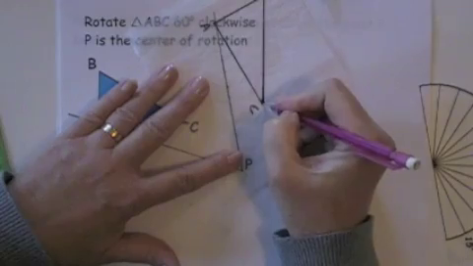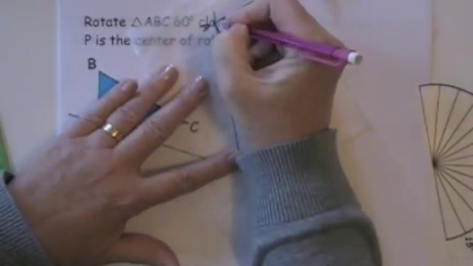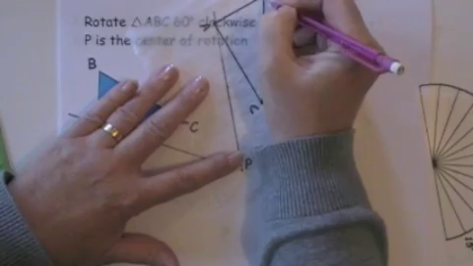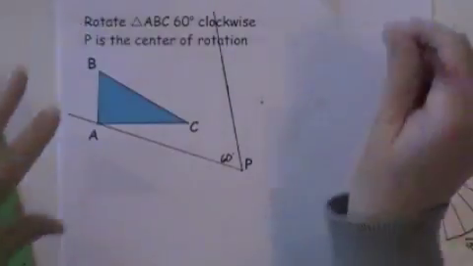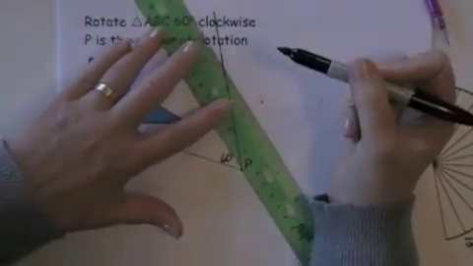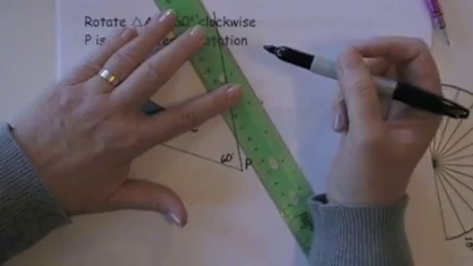Press a little firmly on those 3 vertices, and because we have pencil rubbings, that should leave a mark for you. And what you'll do is take your ruler and connect those 3 points.